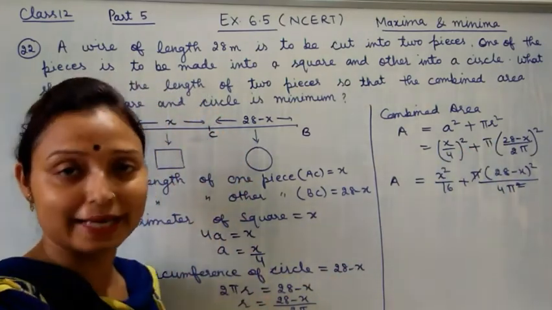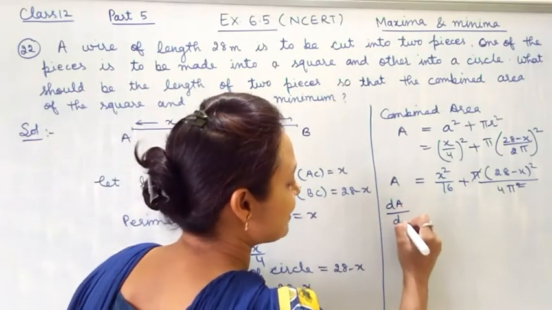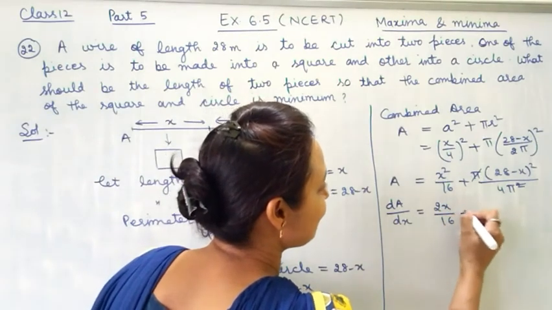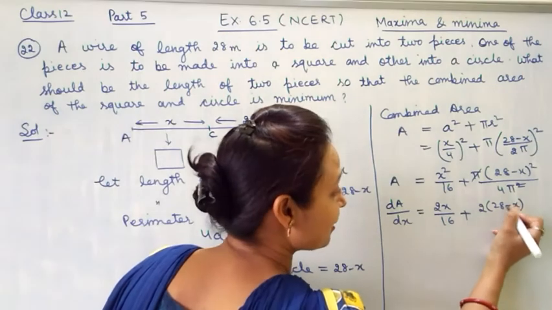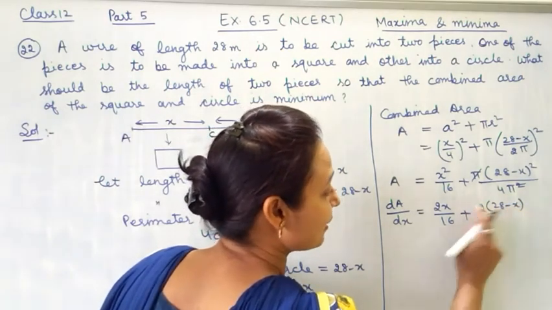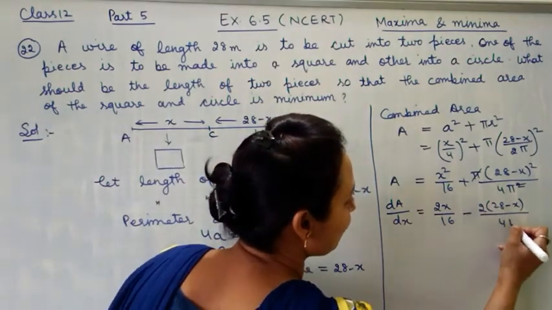We will differentiate with respect to x, dA upon dx. How can you find it? This will be equal to 2x upon 16 plus 2 times 28 minus x, and then further you will differentiate this one, that is minus 1, so I will write this in the negative form upon 4 pi.